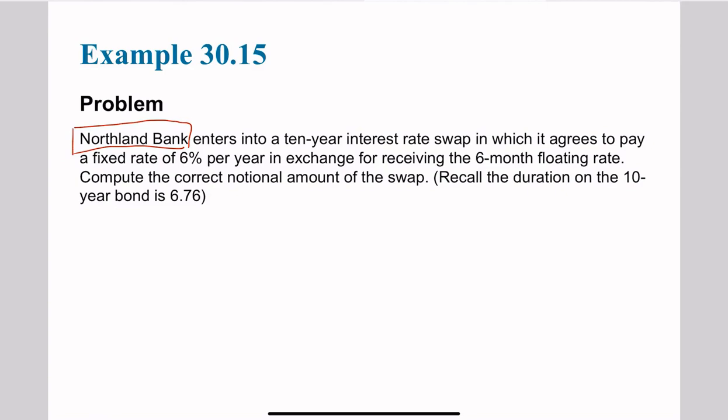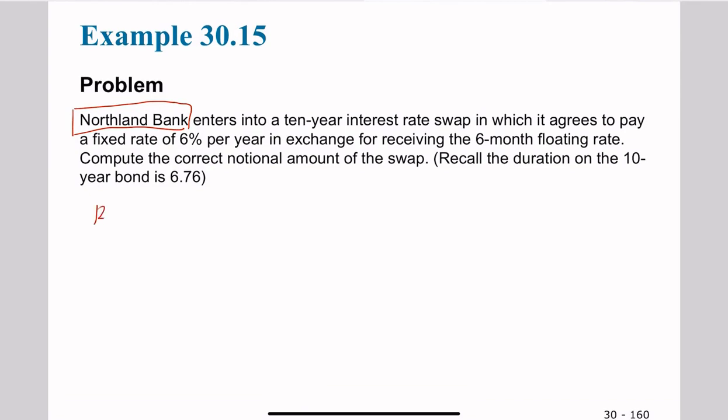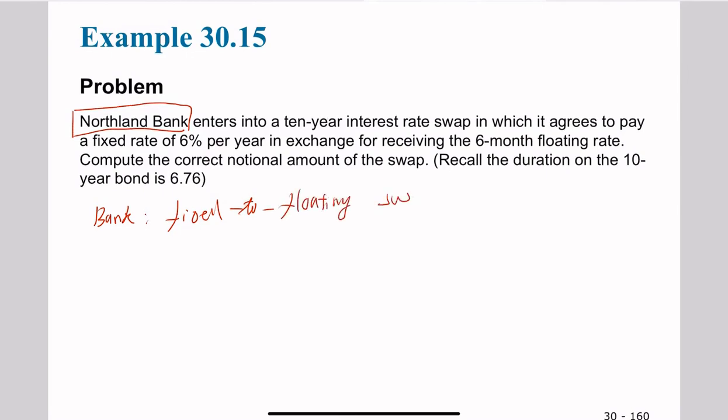Okay, now how do you solve this? So first, let's understand why the firm wants to do this, right? So here the problem says the firm will want to enter into an interest rate swap. In this swap, the firm will pay a fixed rate and it will receive the 6-month market rate. So in this case, we know that the bank enters a fixed to floating swap contract, right?